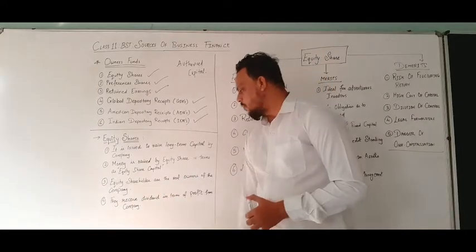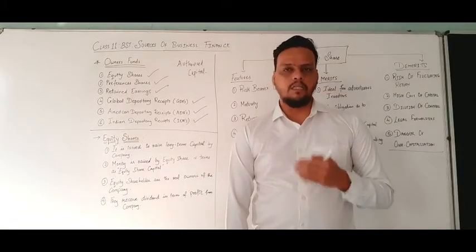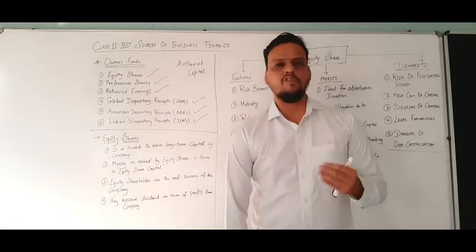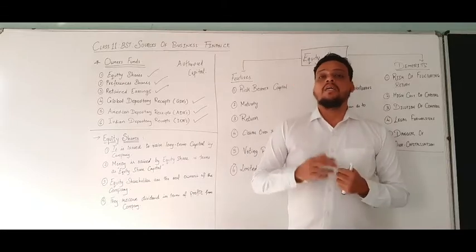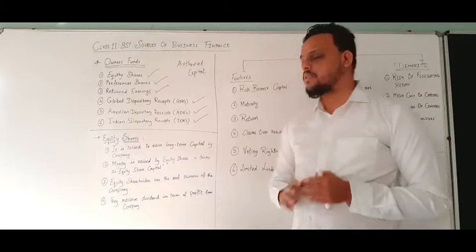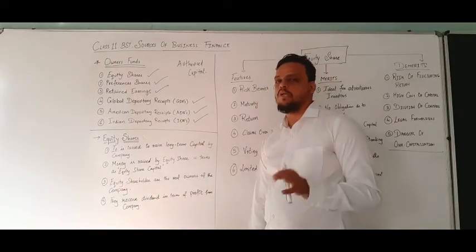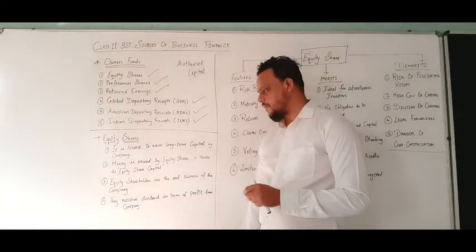So equity shareholders are the real owners of the company who participate in the organization, who can check accounts, and who can take decisions for their benefit related to finance. Equity shareholders are considered the real owners of the company.